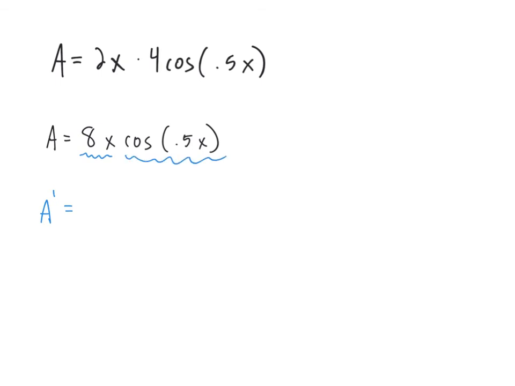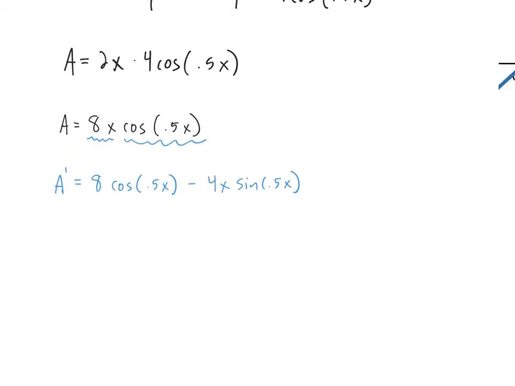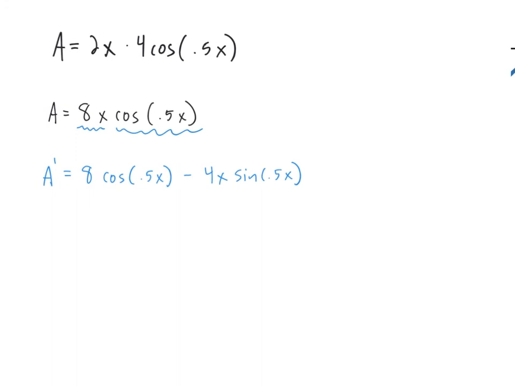So the derivative of the first thing times the second, plus the first thing times the derivative of the second. The derivative of cosine is negative, so this will be minus, and then 8x times 0.5 because of the chain rule. Okay, so this you really have to get a calculator to solve.